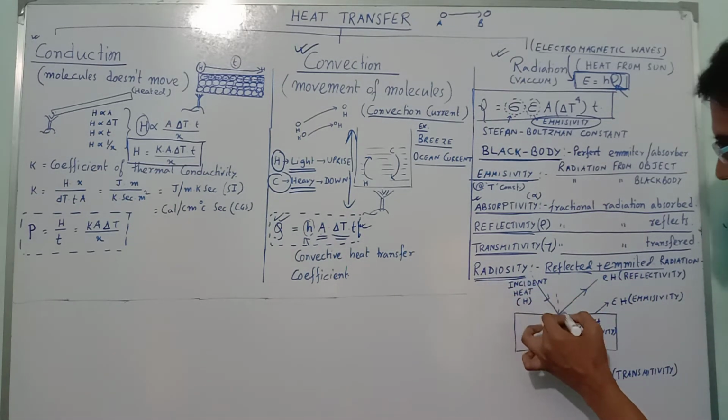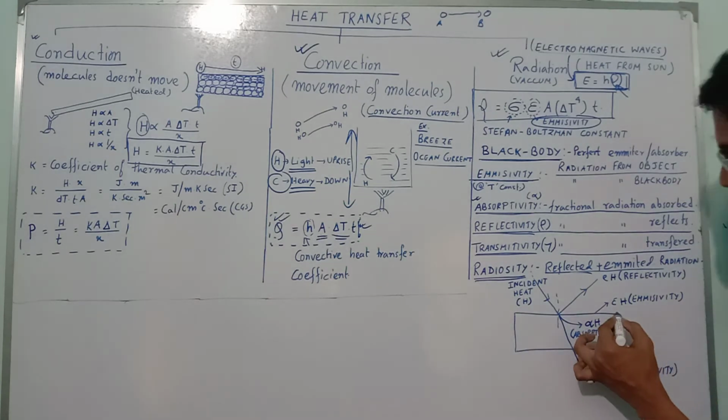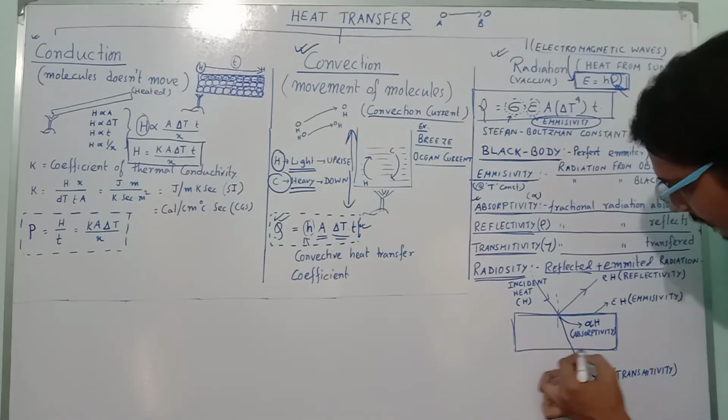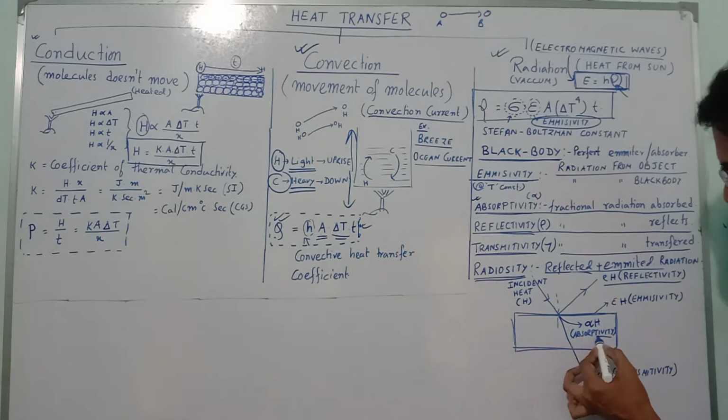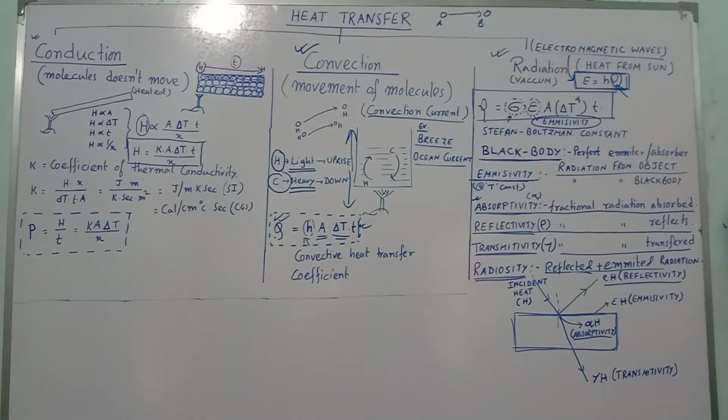So when an incident amount of heat falls on a certain object, these things occur. Some portion or fraction gets reflected, which is called reflectivity of the object. Some portion is absorbed, and that fraction is called absorptivity of the object.